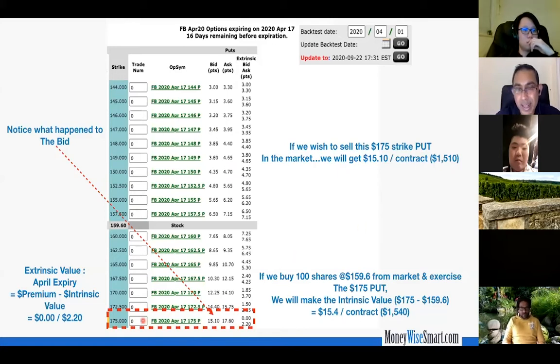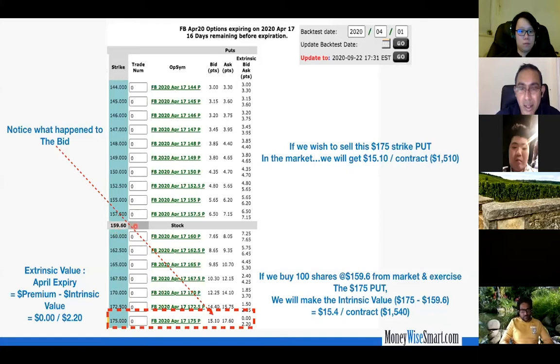Whereas instead, if we go and buy 100 shares from the market at the current market price, and immediately exercise this particular option, by the way, to buy these shares we won't need to put up too much money if we already have these options, because the brokerage platform is aware that I have the right to exercise these options. So with one click, I can purchase the shares.